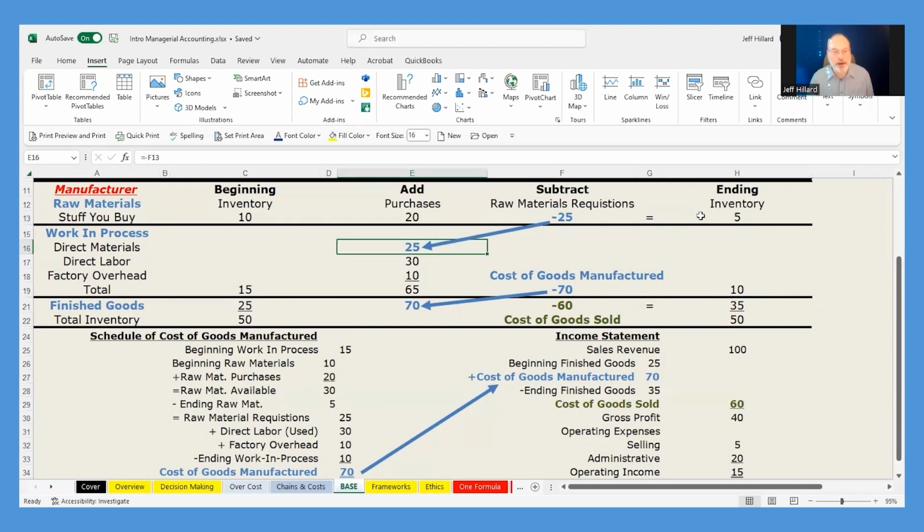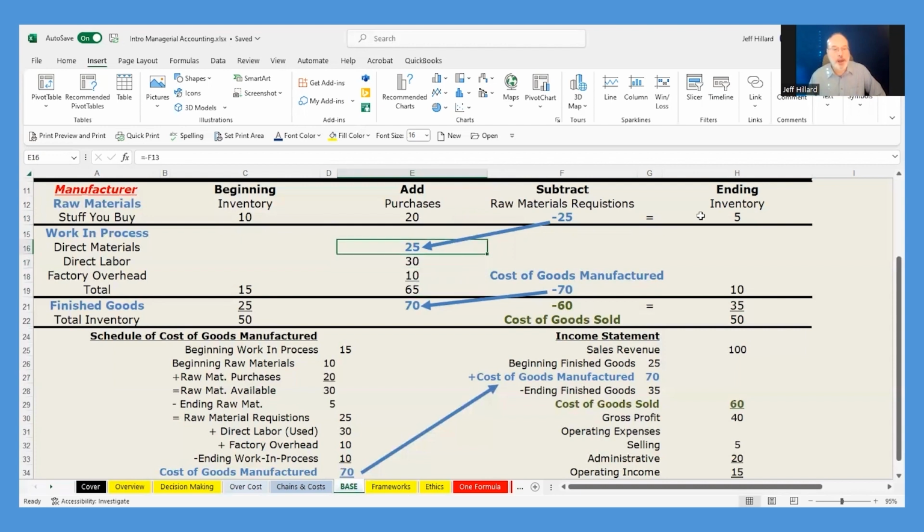This is a simple transaction between raw materials inventory and direct materials inventory, because now it is work in process. It is work in process. Total assets do not change. We're just changing from one category to another. Then we add direct labor. Then we add factory or manufacturing overhead.